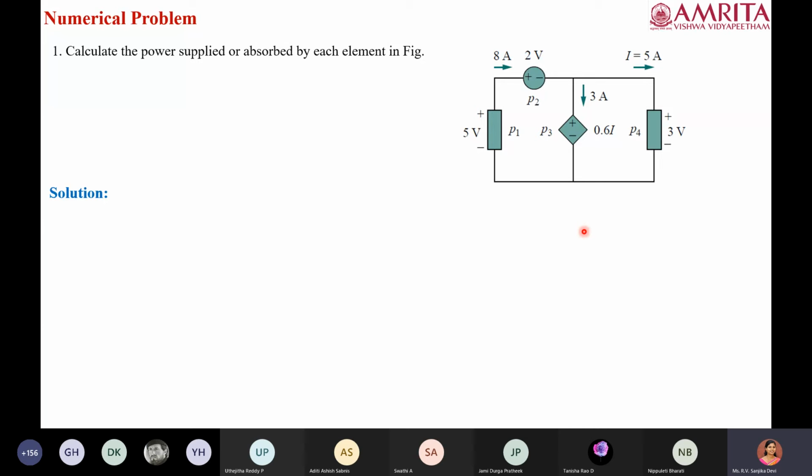The voltage as well as the current values are already given. We have to compute and find out whether the element is supplying the power or absorbing the power.